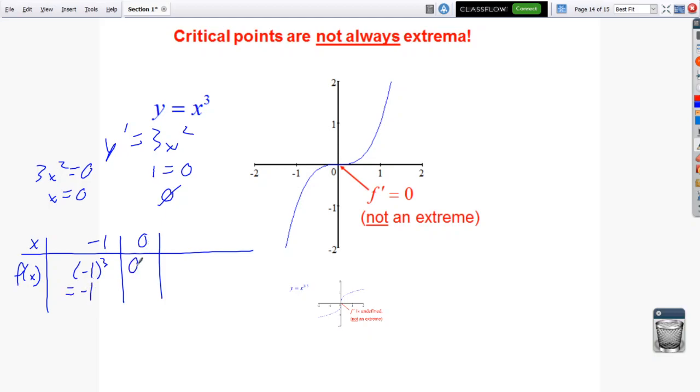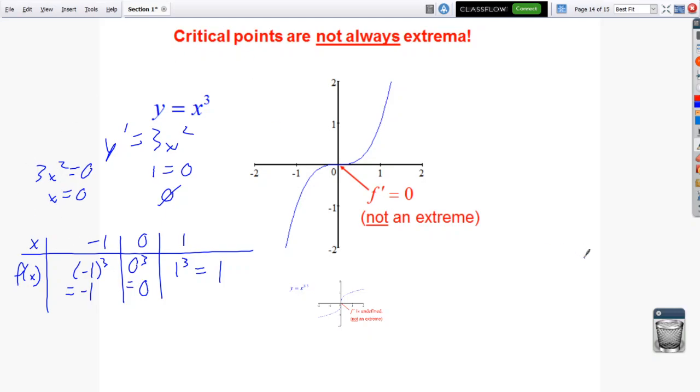Looking at f of 0, that's 0 cubed, or 0. Choosing a point to the right of 0, that's 1. So I take 1 and cube it. That gives me 1. I look at my value right here. Is it bigger than or smaller than all of the numbers that are surrounding it? Well, one number is smaller than it. One number is bigger than it. So it is neither a maximum nor a minimum.